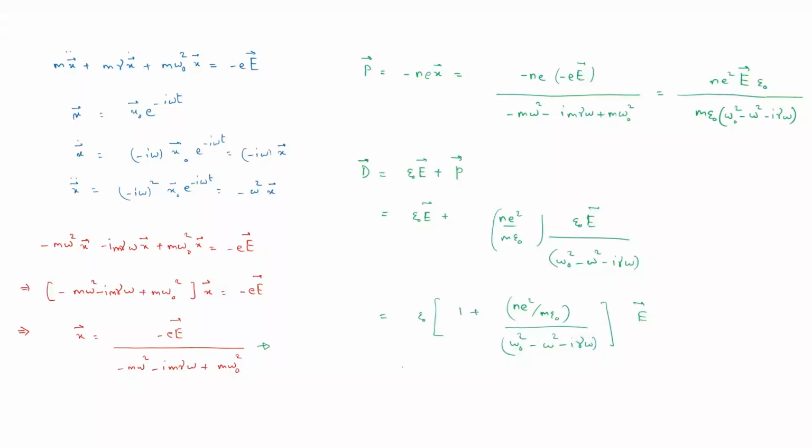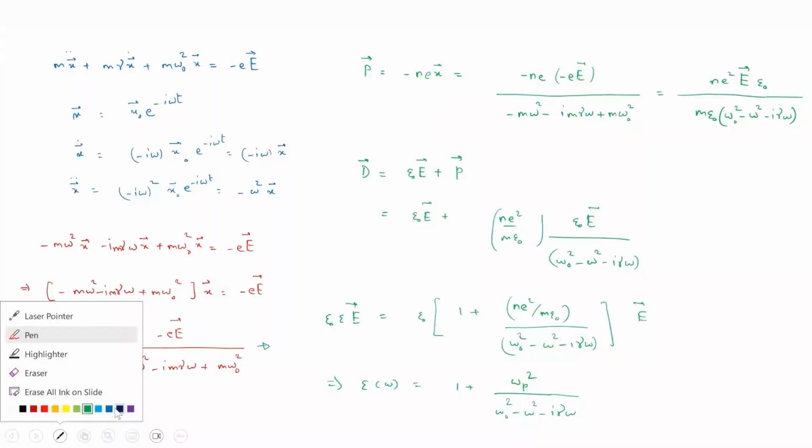times E. And D we know that it is epsilon naught epsilon E. This implies that epsilon, which is a function of omega of course, is nothing but 1 plus, and n e square upon m epsilon naught is nothing but your omega p square over omega naught square minus omega square minus i gamma omega.